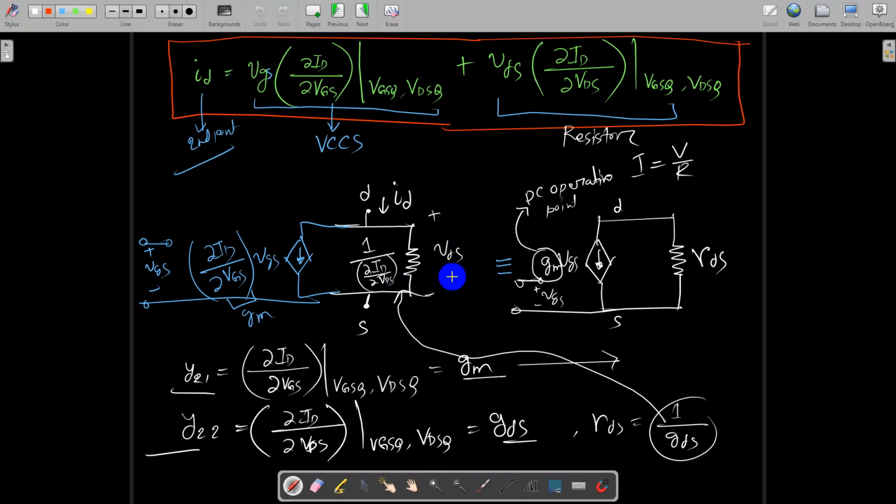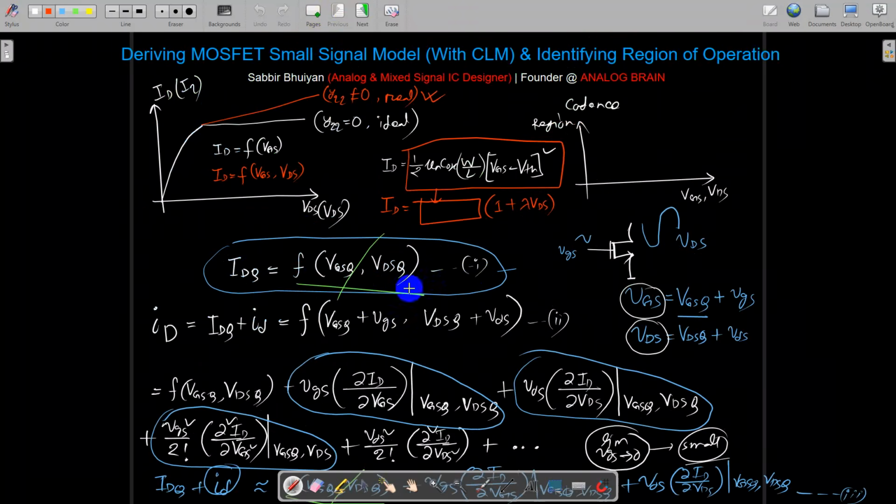A small signal model is appropriate for any region, because we started our equation from ID as a function of VGSQ, VDSQ. It is true for this saturation equation, 1 plus lambda VDS, with CLM.